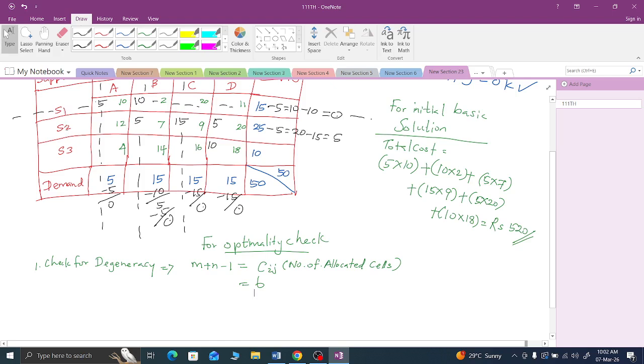Number of rows m is 1, 2, 3. So 3 plus n, number of columns 1, 2, 3, 4, 4 columns are there, minus 1. So 3 plus 4 is 7, minus 1 is 6. This is equal to the number of allocated cells. So there is no degeneracy problem.